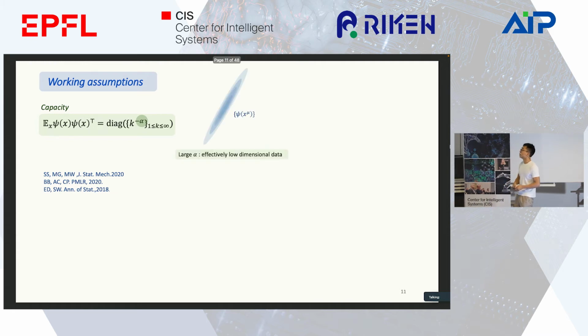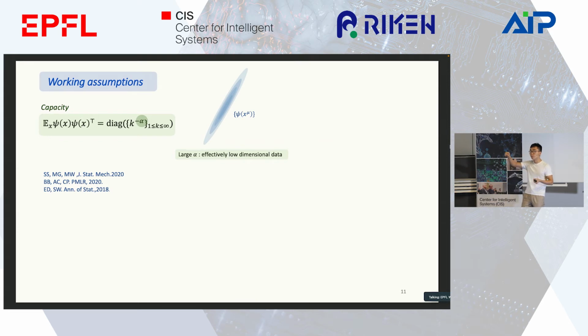So what does it mean? Well, if you have a large value of alpha, it means that there are only a small number of eigenvalues which have reasonable value and a lot of small eigenvalues. So that means that your data essentially lies along a small number of directions, and the distribution will be very narrow along all the others.